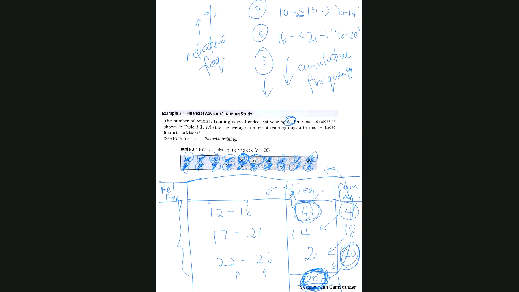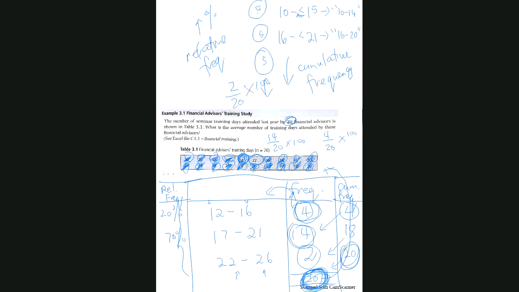So 4 over the total of 20 times 100 gives you 20%. Then the next one is 14 over the total of 20. So 14 over 20 multiplied by 100 gives you 70%. And then the last one is 2 over 20 multiplied by 100.